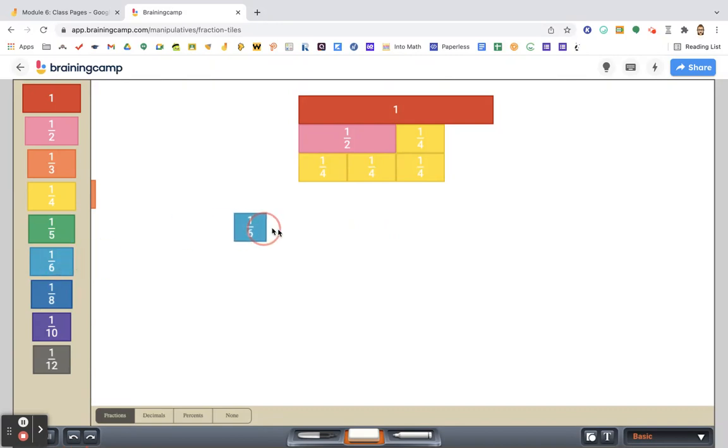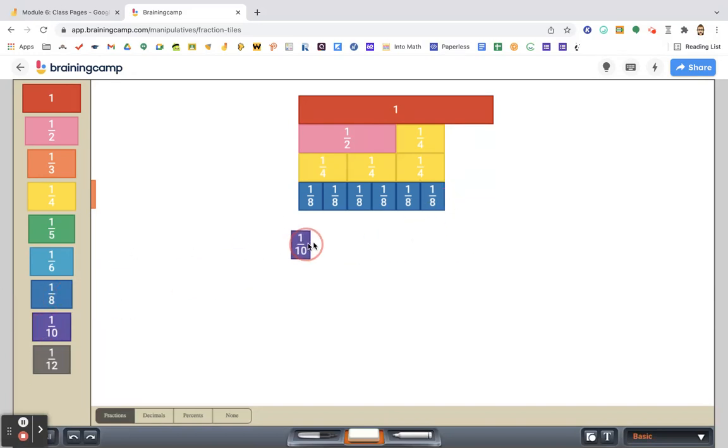If we do 1/6, random gaps, that's not going to work. If we do 1/8, that works.